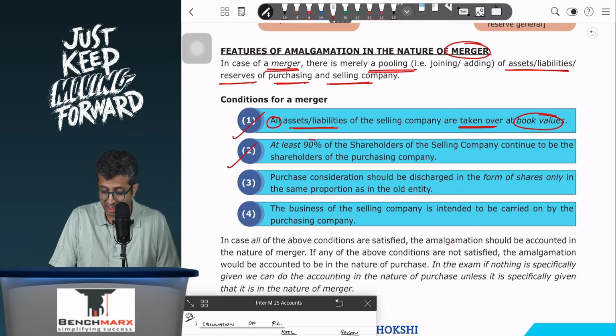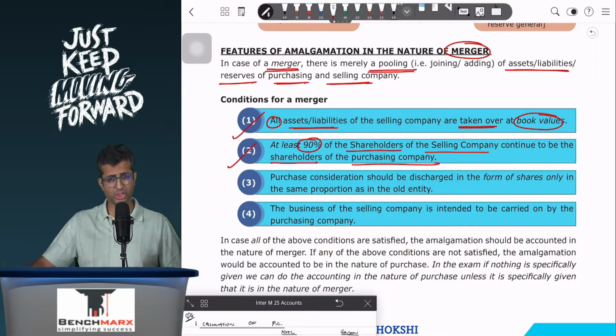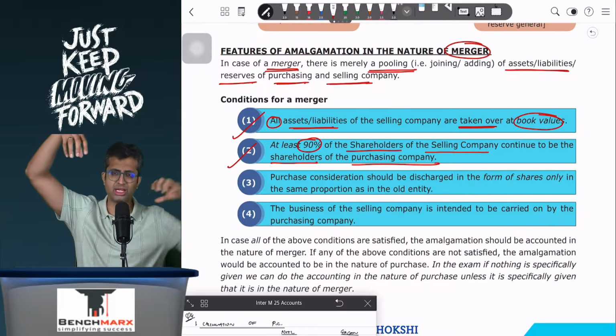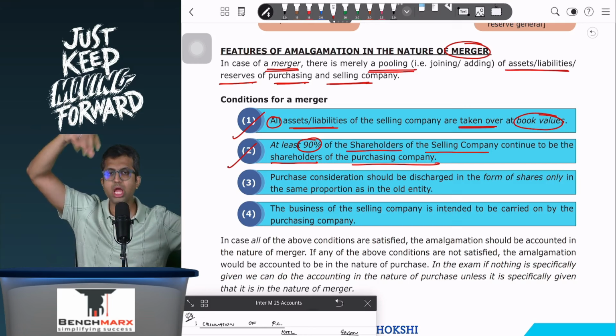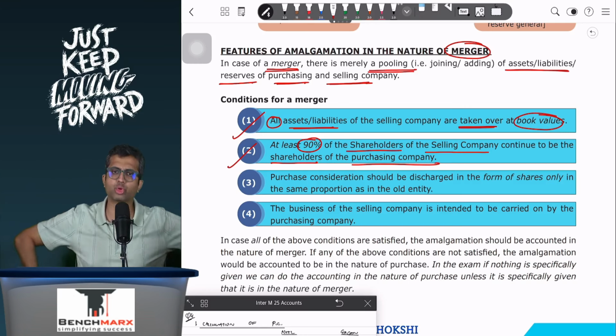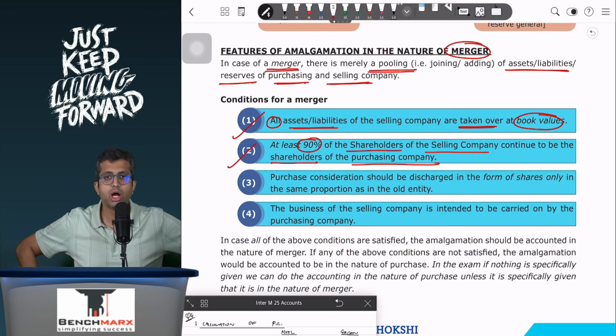Second, at least 90% of the shareholders of the selling company will continue to be shareholders of the purchasing company. For example, there is Geo India Limited. It has a subsidiary Geo South. It has a subsidiary Geo North. Let's say Geo South and Geo North come together and do a merger.